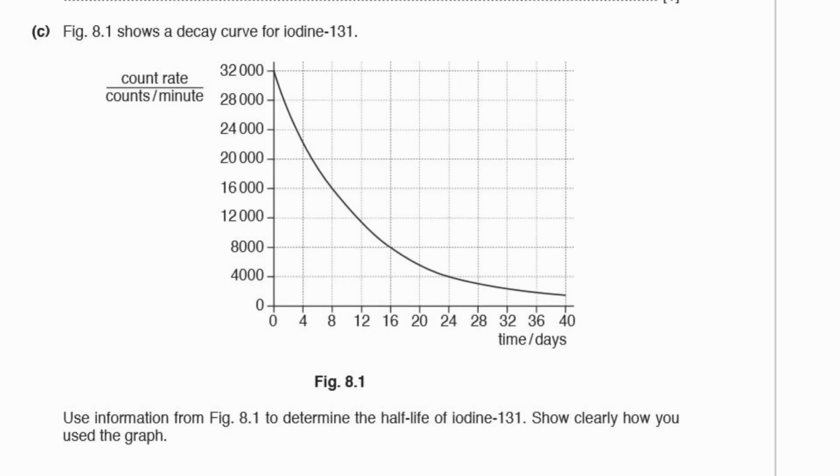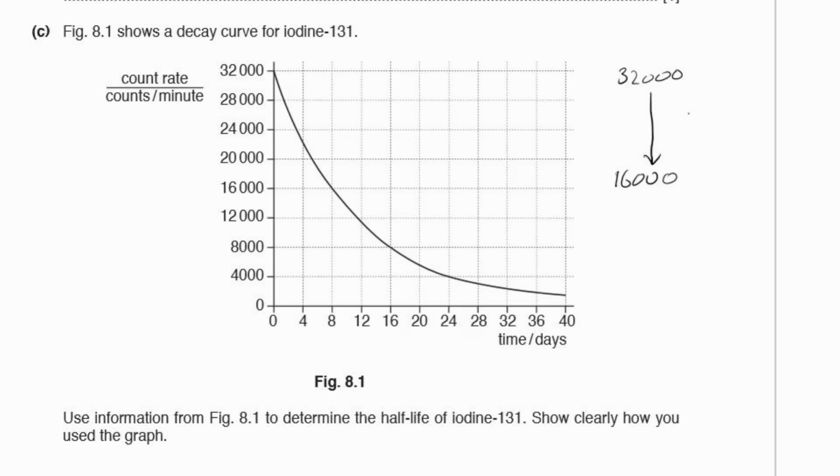Right, figure 8.1 shows a decay curve for iodine-131. We have count rates on the left and time in days on the right. Use the information to determine the half-life of iodine-131. Alright, the half-life will be given when 32,000 changes to 16,000.